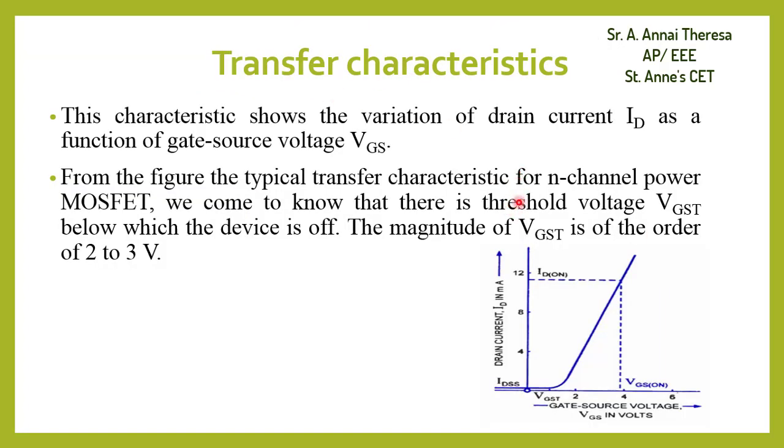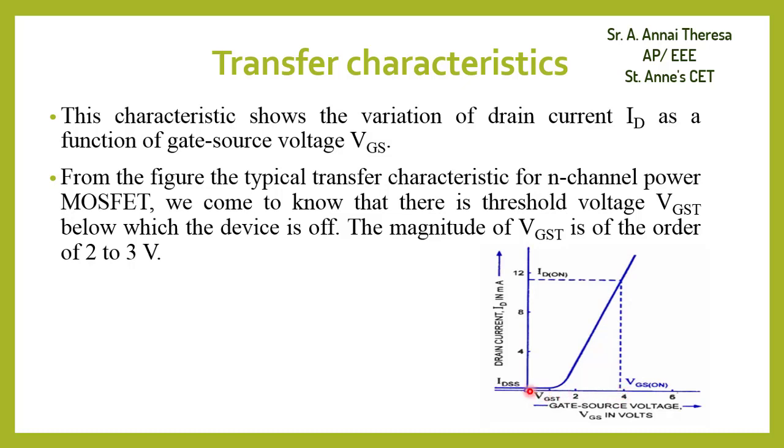It is drawn between the drain current and gate source voltage. From this we can understand there is a threshold voltage, the gate source threshold voltage. Below this voltage the device is off.